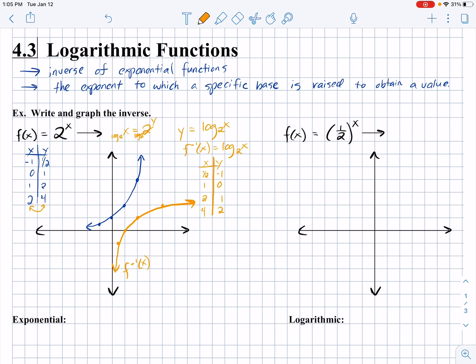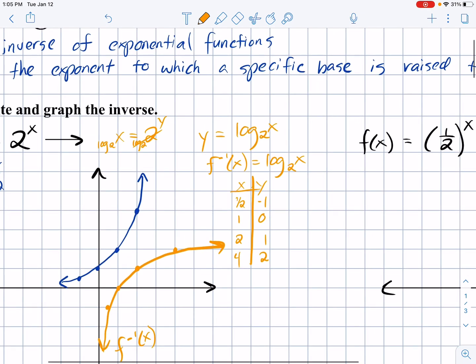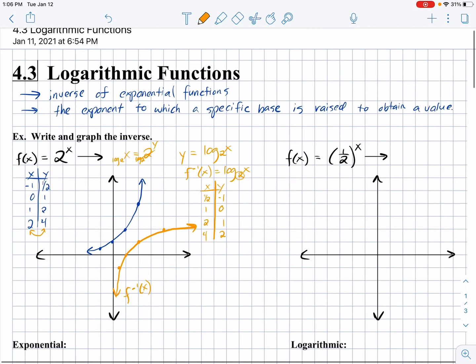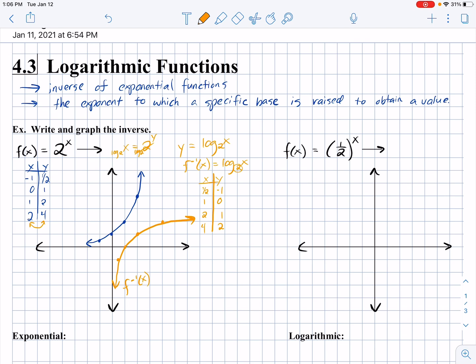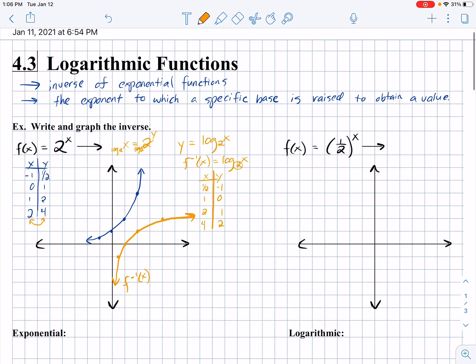There's another type of log function that has a base that's a fraction. As you can see here, the base is 2. We can have a base that is a fraction greater than 0, less than 1. So why don't we do that over here? Let's graph and write the inverse for this function so we can see both, okay?